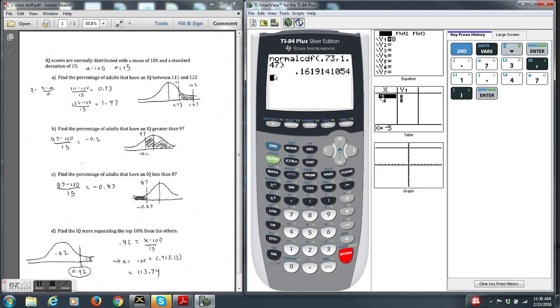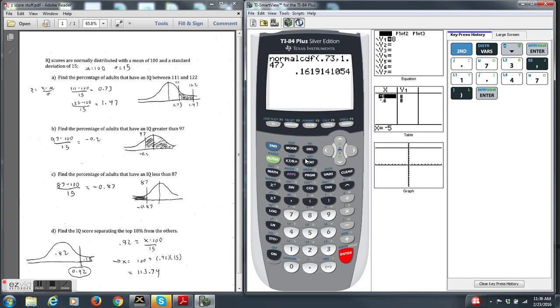Okay. Now, for the rest of them, the one thing I always do, I always shade this graph. It's really going to make your life a lot easier. But this calculator only is designed to go between two values. So if I want to go something like more than 97, or z-score negative 0.2, they always want a left and a right. So all I have to do to make the right is just pick something really big as an upper bound.